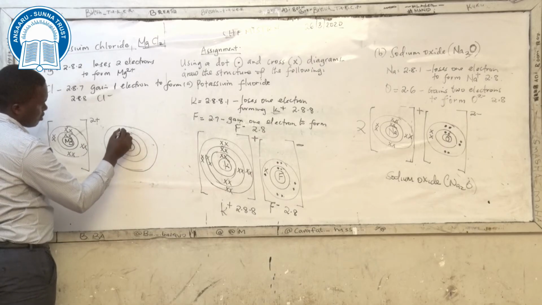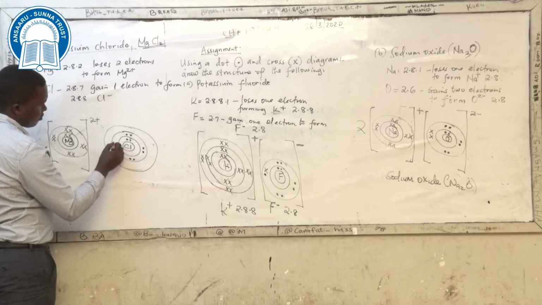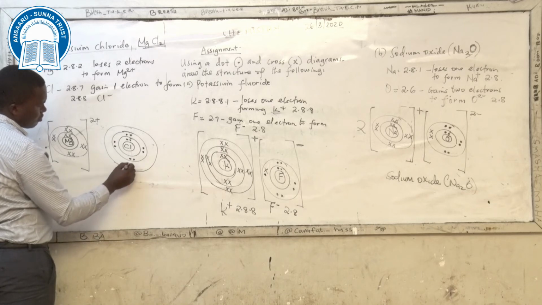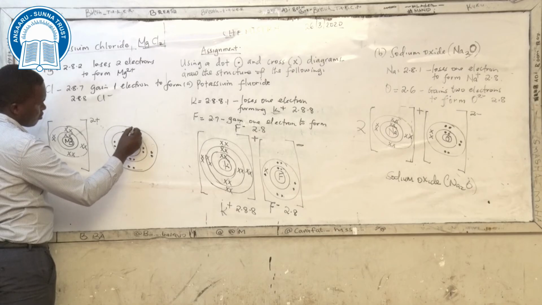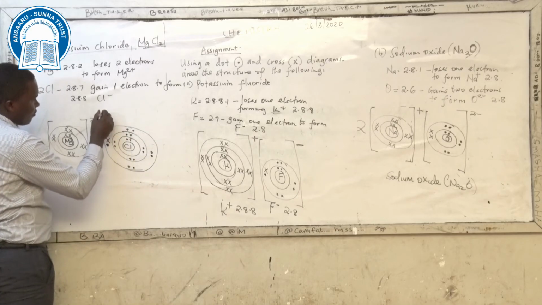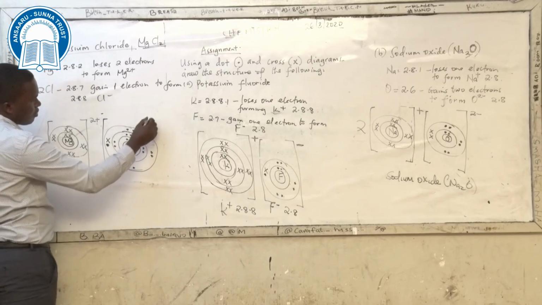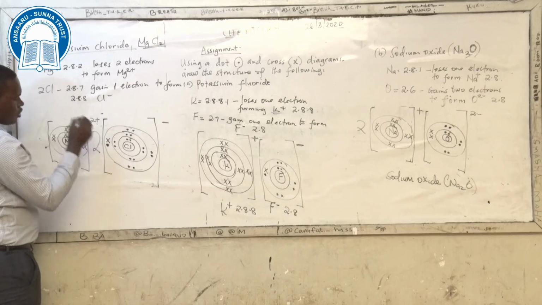So, the first 2, the next 8, then you will have this 2,8,7, then there's extra 1 minus, but remember we require 2 of this, so you write 2 there.